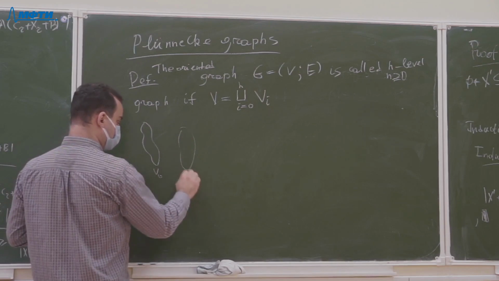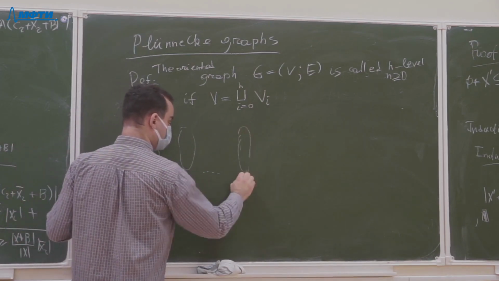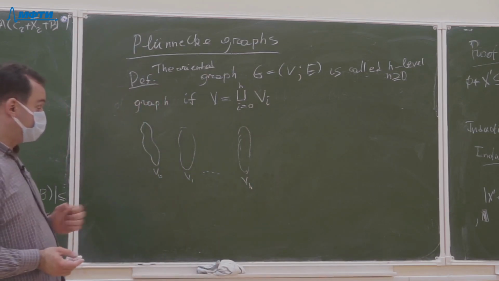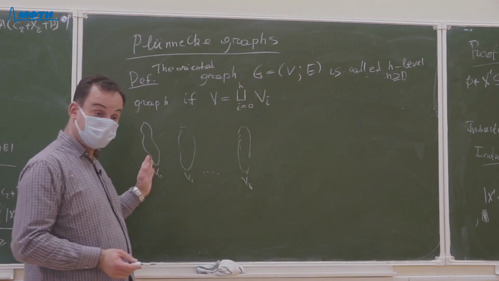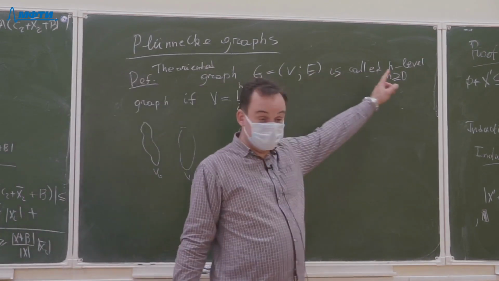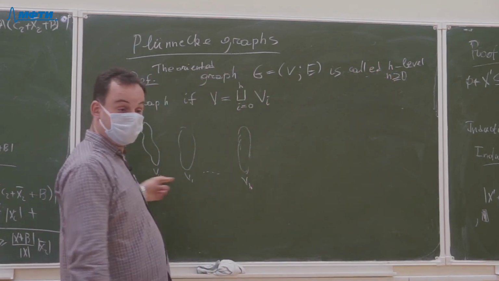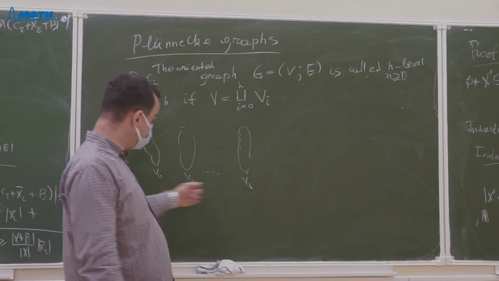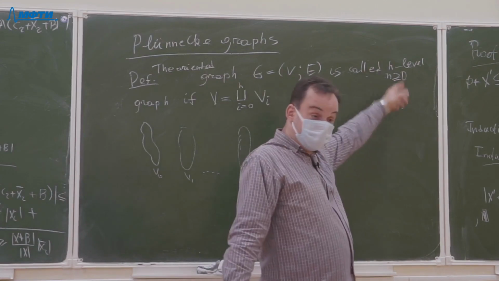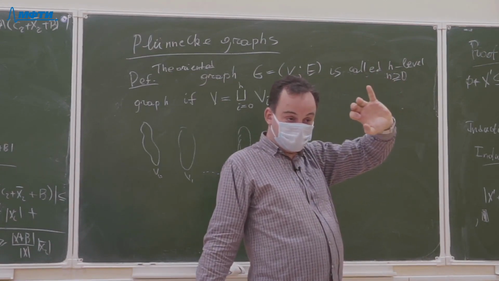V0, V1, VH. So we have these levels. Look here, pay attention, please. We call this graph H-level, but it has H plus 1 levels, 0 till H. That's why we can take a 0-level graph, which has 1 level actually.